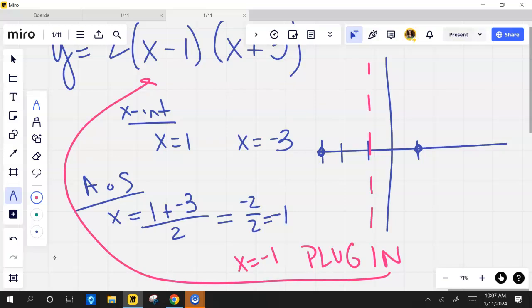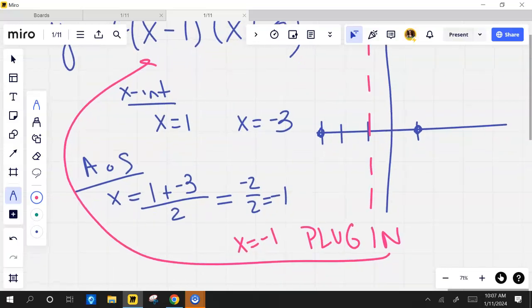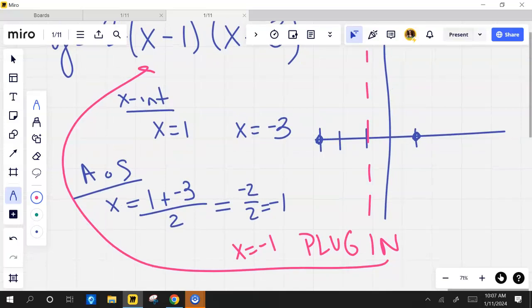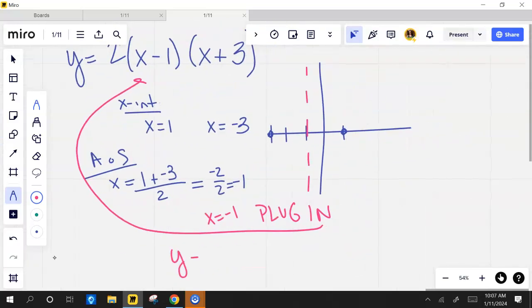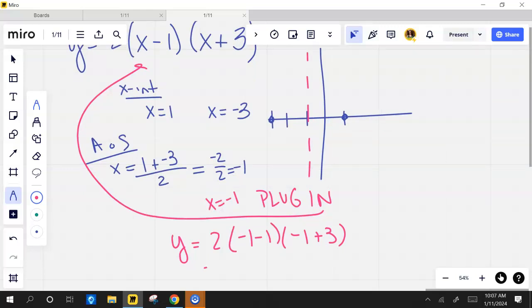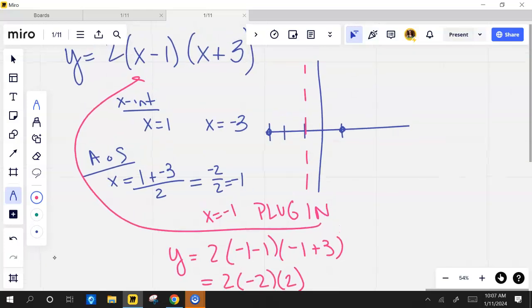See how everything's kind of looping around to do the same thing we've been doing? So if I plug -1 in that equation, I end up with 2 times -1 minus 1 times -1 plus 3, which is -8. We'll pretend like that's going down to -8.